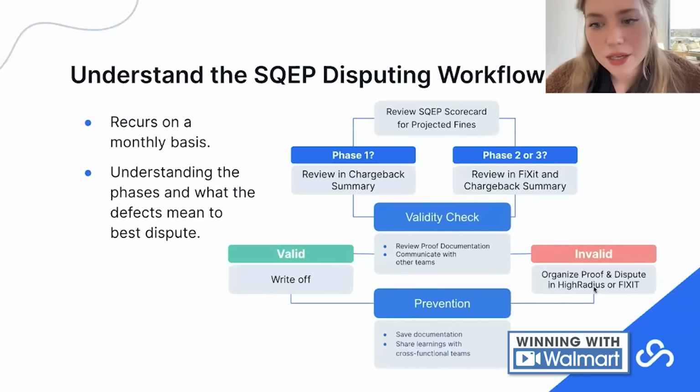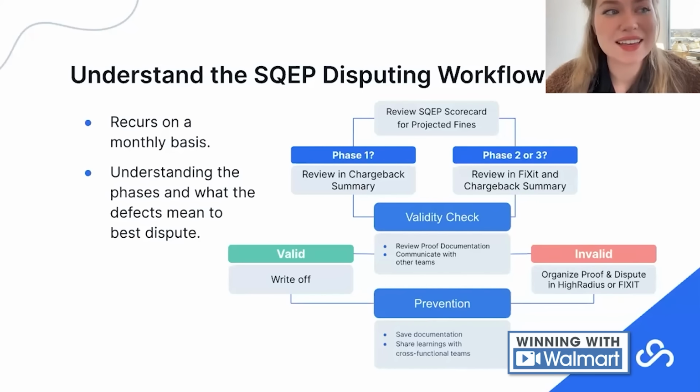But if it's invalid, you're going to want to organize your proof and dispute in HighRadius or Fix It, depending on what type of charge it is, what type of fine it is. And again, at the end of the day, just talk about any of that prevention, if there is any. We've seen with SQEP charges that sometimes they can be obviously invalid.